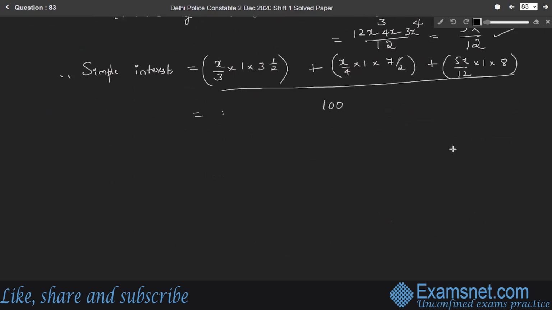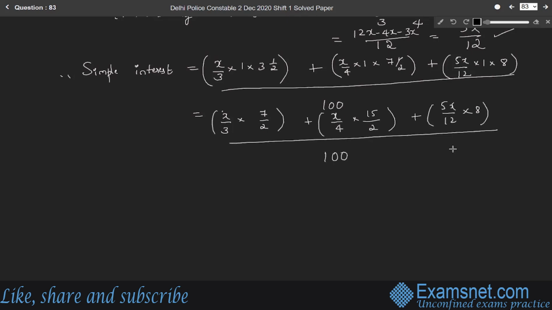So here X by 3 into 3 integer 1 by 2 is 7 by 2, plus X by 4 into 15 by 2, plus 5X by 12 into 8, whole divided by 100, which is equal to 7X by 6 plus 15X by 8 plus 40X by 12, whole divided by 100.